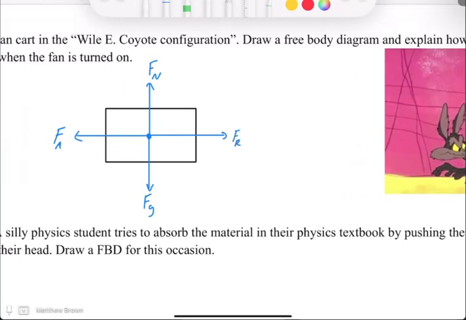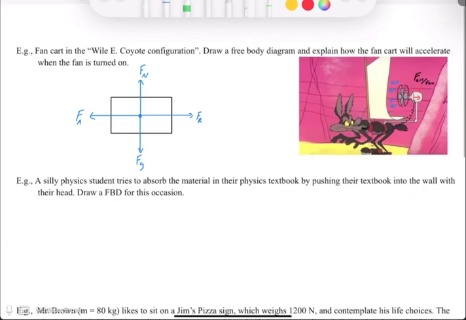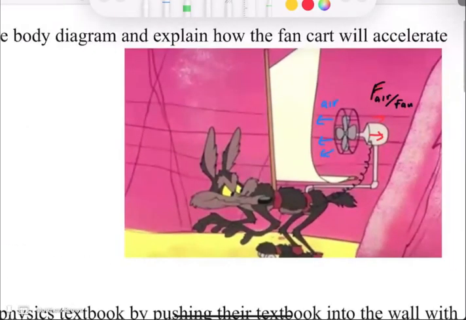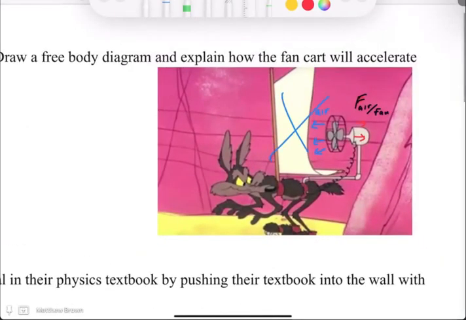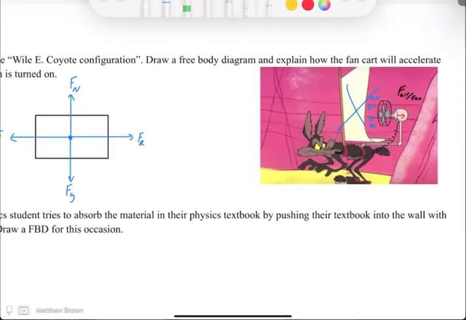I'll just write FR for reaction. Now, if this sail wasn't here, then this thing would just go backwards. The fan would blow the air forward, which, by Newton's third law, would apply a force on this apparatus, and you'd go backwards.